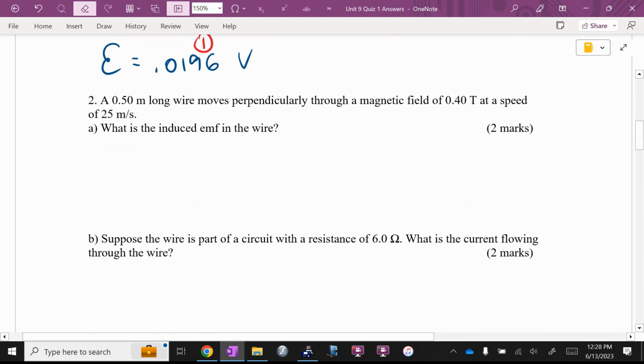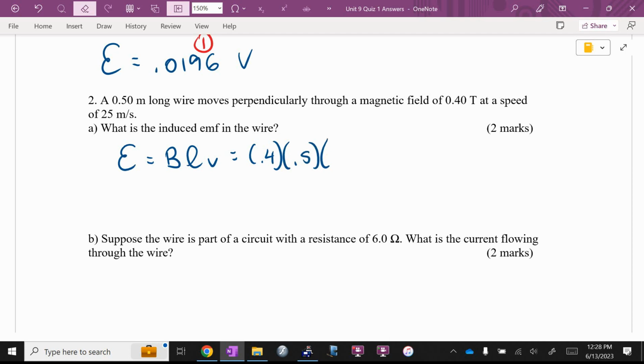Induced EMF in a wire. So Victor, for a wire, we do an induced EMF of BLV. It's going to be 0.4 times L times 25. I did a double check. Victor, what word did I just underline? Everything does have to be at right angles. Hey, they said it was at right angles.